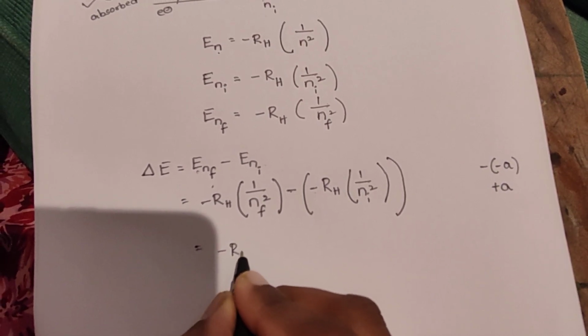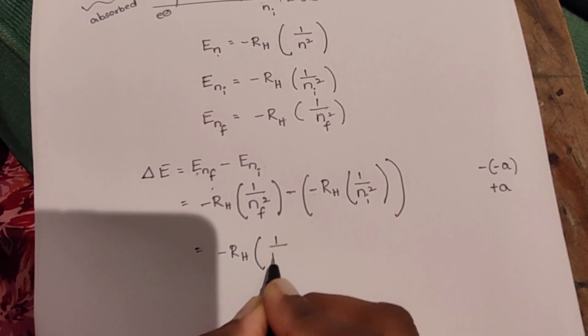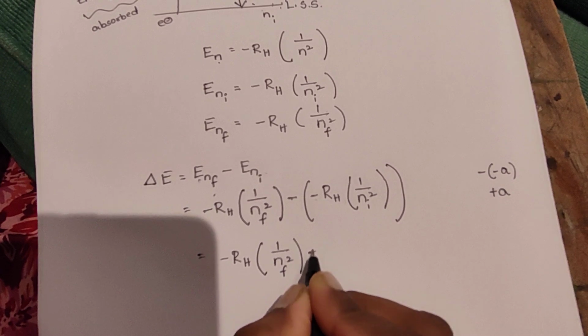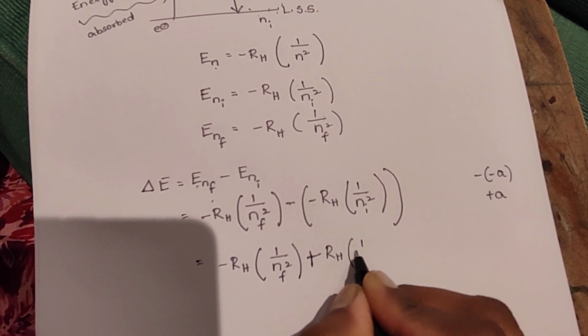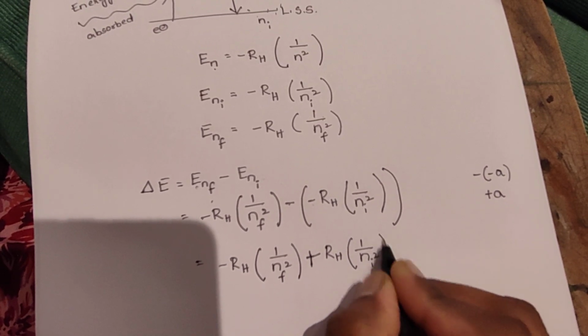So, minus RH into 1 by Nf square plus RH into 1 by Ni square.